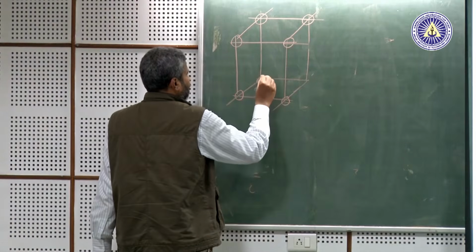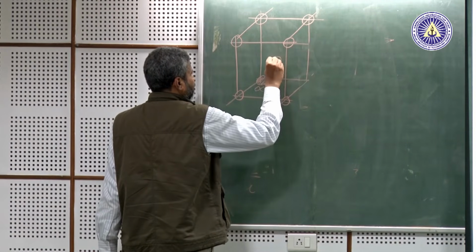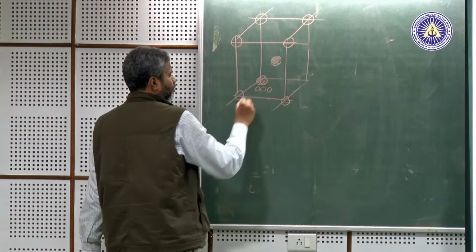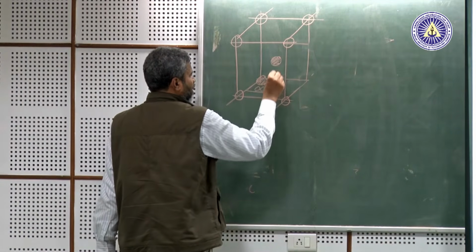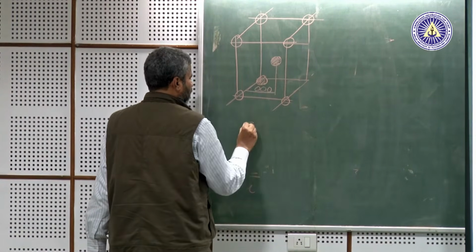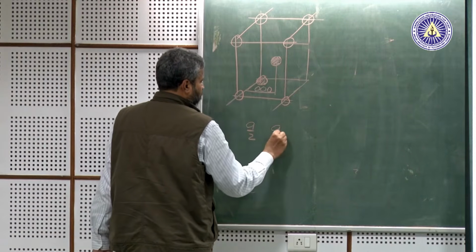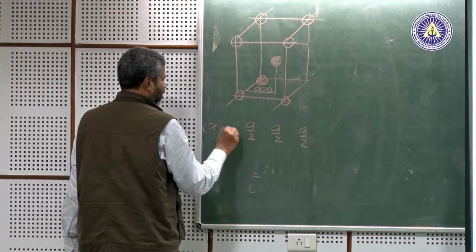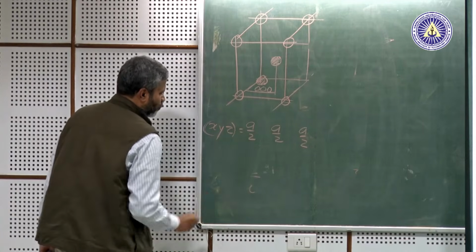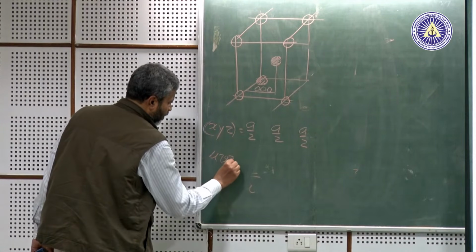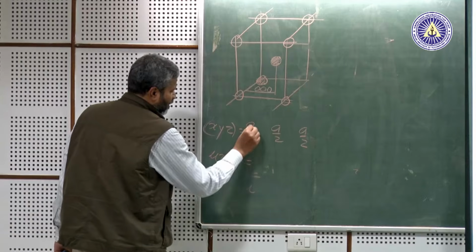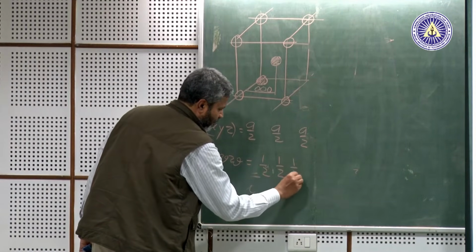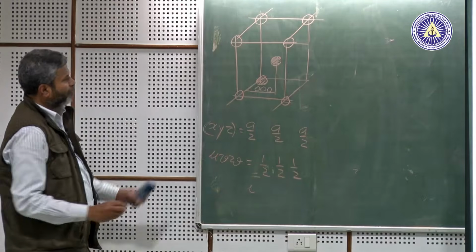Then if it is a body center, the second atom is the body centered atom, which is at a/2, a/2, a/2, the x y z coordinates. So, the u v w fractional coordinates will be a/2 by a, half, half, half. So, I have just 2 atoms.